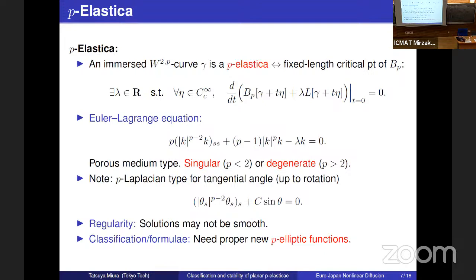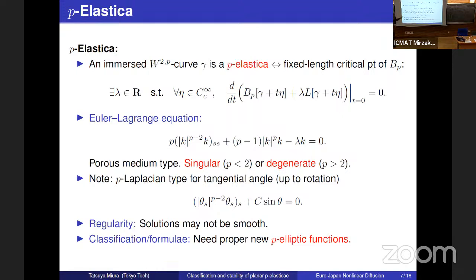So let me first define p-elastica. This is a straightforward analog of the classical elastica, which is defined by, for some multiplier, this derivative vanishes at the curve gamma. And we can derive the Euler-Lagrange equation at least in a weak way. But then you find that here you have a nonlinear diffusion term, although this is one-dimensional.